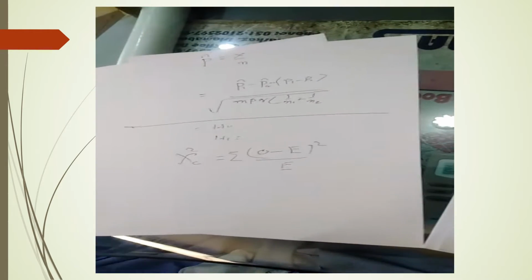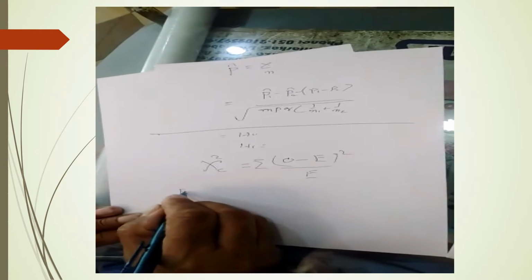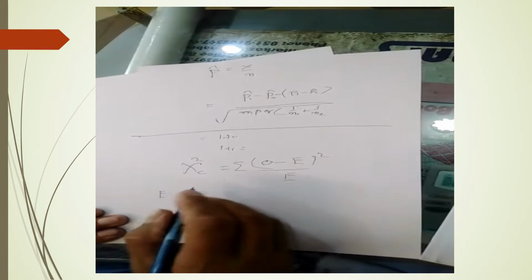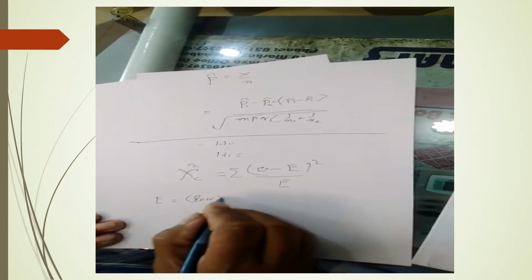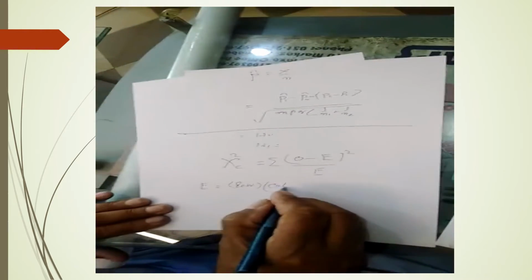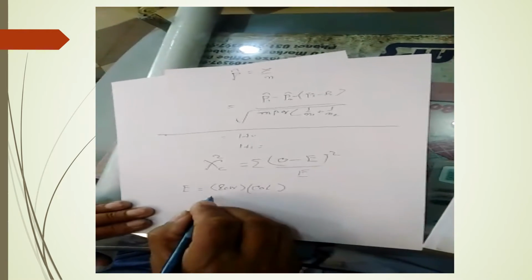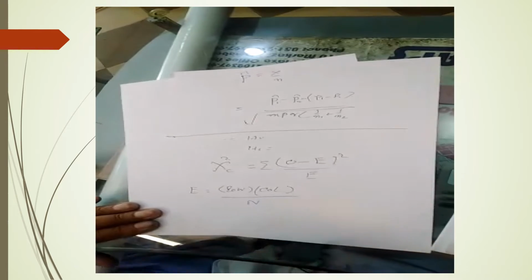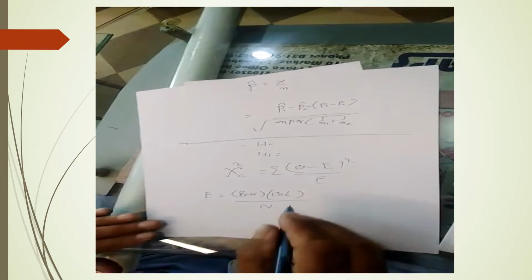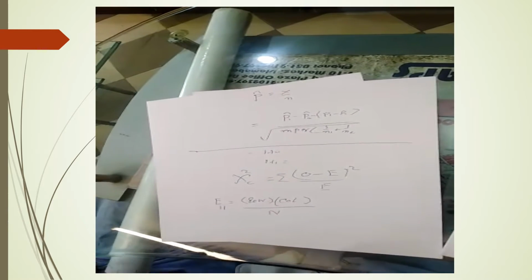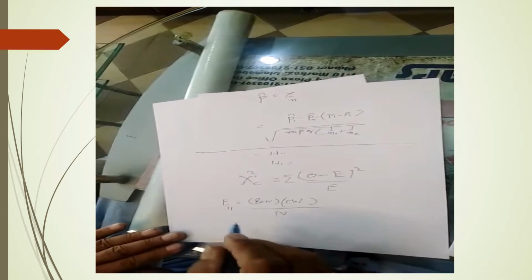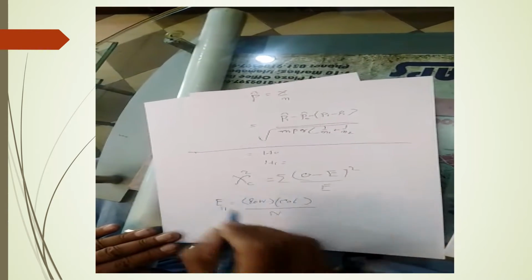And how will we calculate the E value? E is calculated as row sum into column sum, all divided by the total number of observations. That is E11, meaning the expectation of first row and first column.